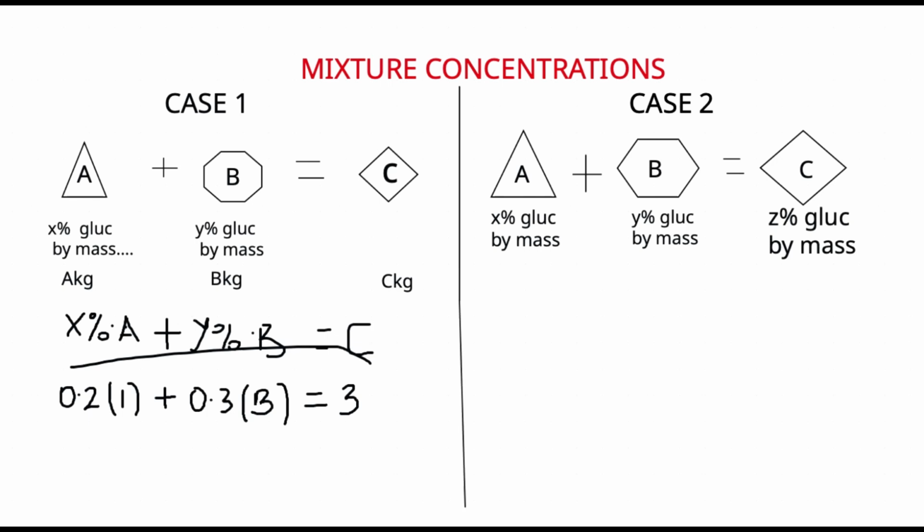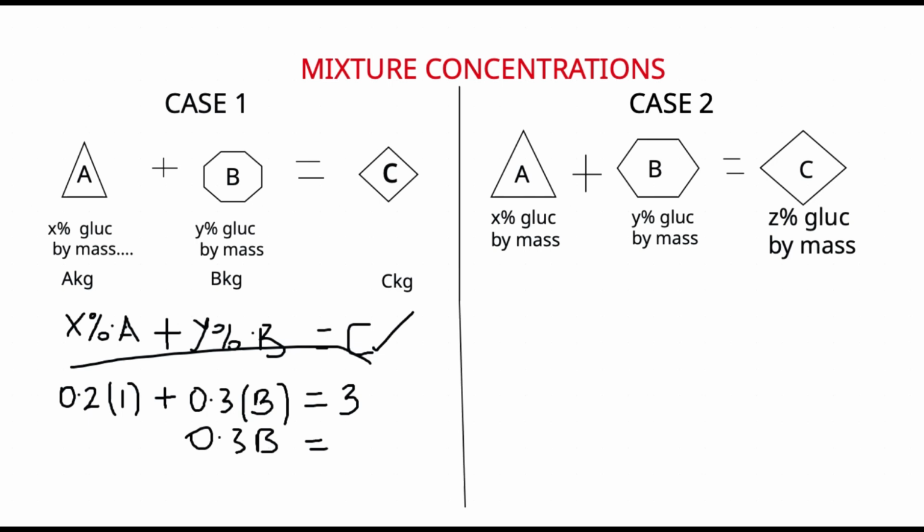Now we have an equation set up: 0.2 times 1, plus 0.3 times B, equals 3. You simplify it, so you have 0.3B. You move 0.2 to the other side, so you have 3 minus 0.2 giving us 2.8.